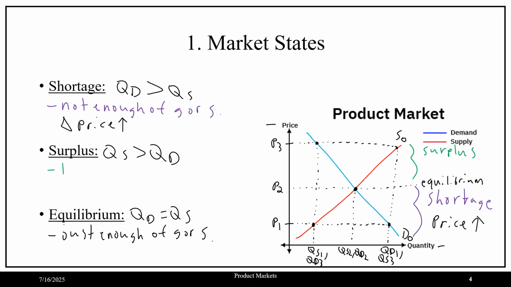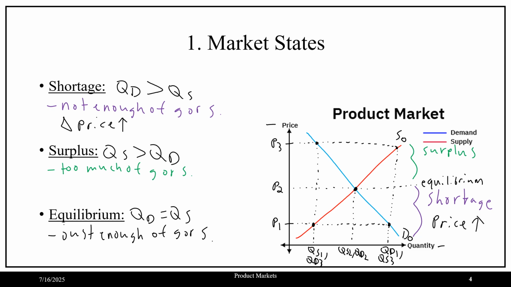Here, there is too much of the good or service. So consumers are asking for a QD3 amount of the good or service. They purchase it from store shelves, and there's still going to be some number of that item left over on the store shelf.